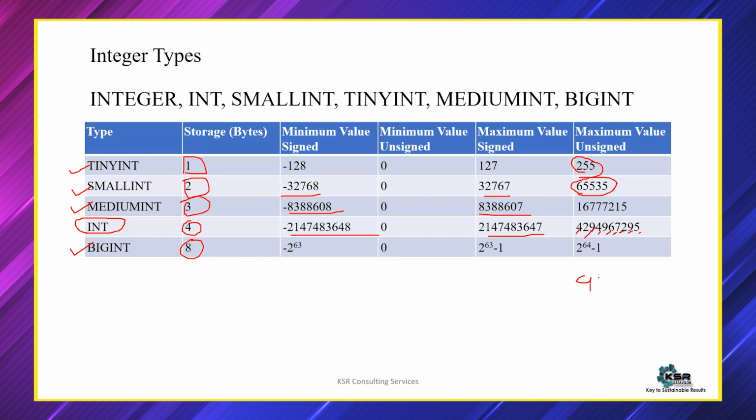If the number starts from 9, it will not accommodate that, because it can accommodate only up to this maximum value. If you're using a mobile number, you should always go with bigint. Bigint can accommodate minus 2 raised to the power 63 till 2 raised to the power 63 minus 1. Integer can accommodate any random bill number or invoice number.